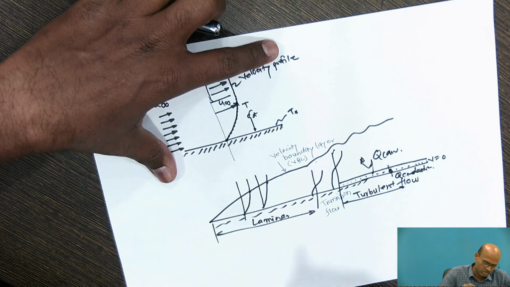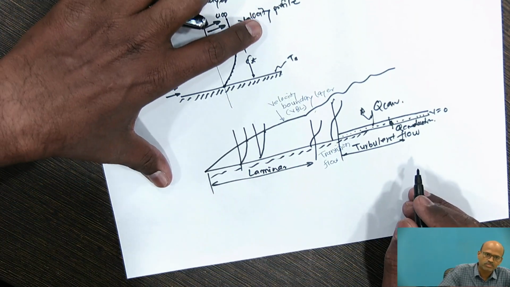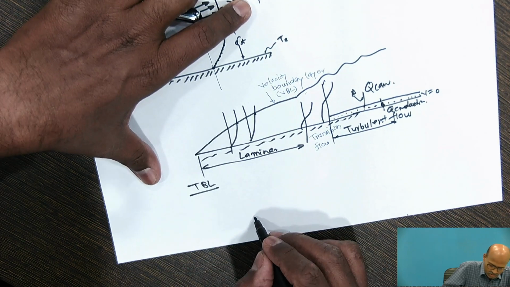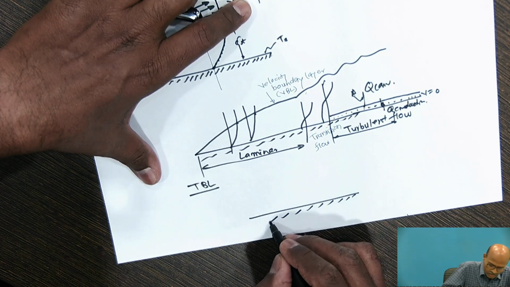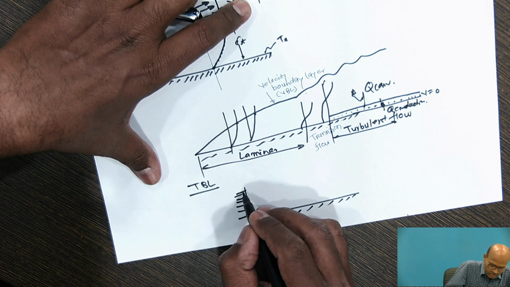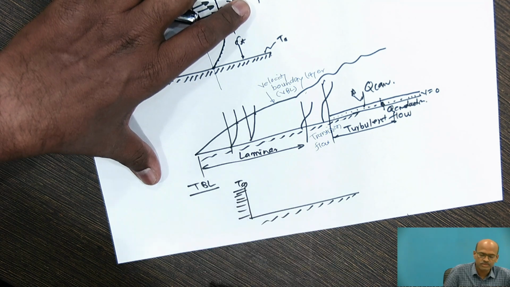Now in the same manner we can go for the thermal boundary layer. Suppose this is the surface and this is the temperature of the fluid at the entrance, once again T infinity, the surrounding fluid temperature.